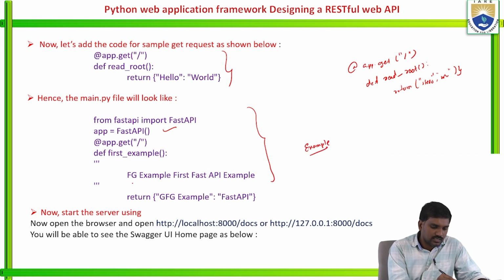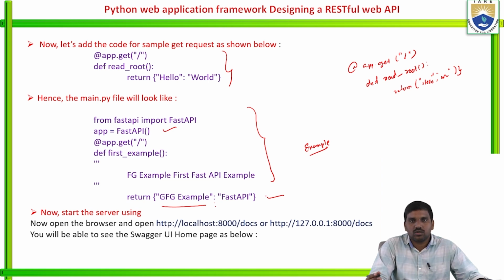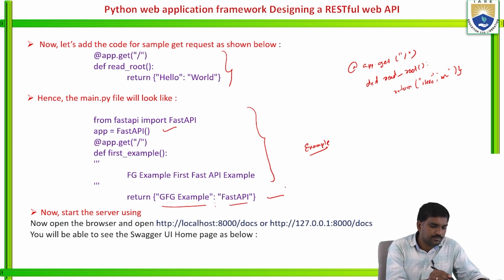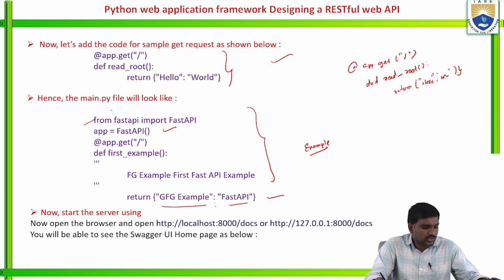Here, def gfg_example_first, which returns the message "GFG example first FastAPI example". So this is the first GET request from the client, and this is the code. Now you can start the server.